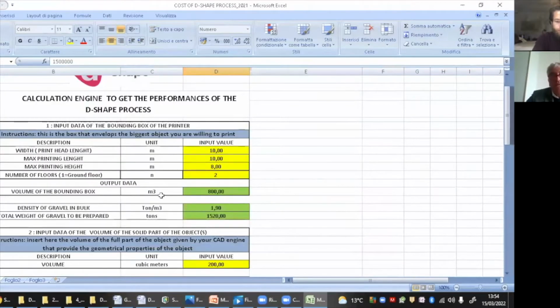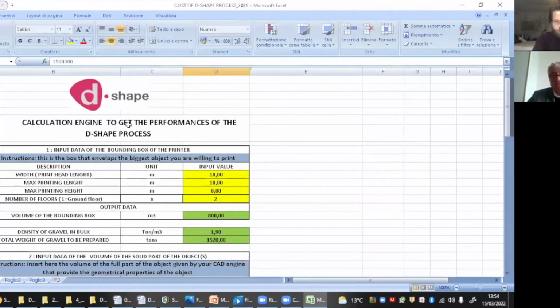But this is just to imagine. Follow me in this analysis. What you see here is the scenario of printing one home that can be enveloped into a 10 meter by 10 meter by 8 meter bounding box.